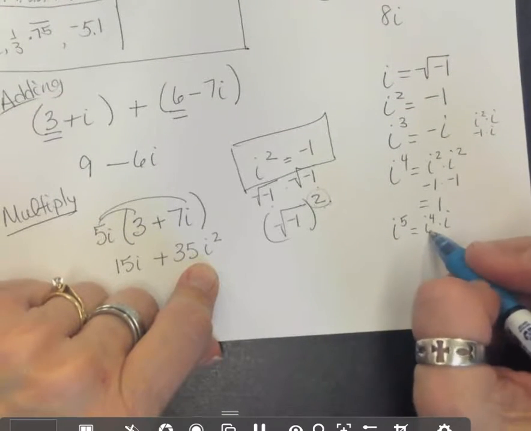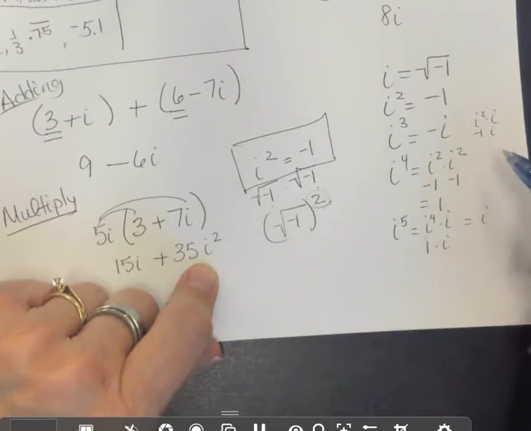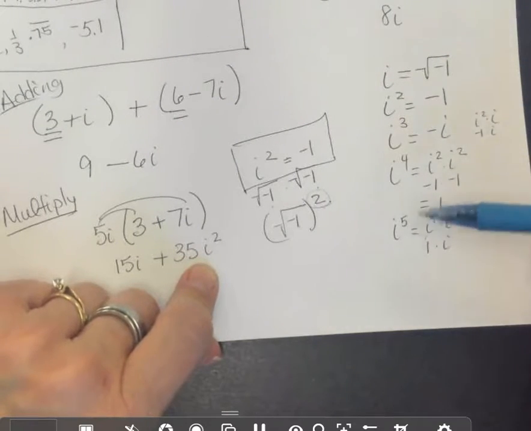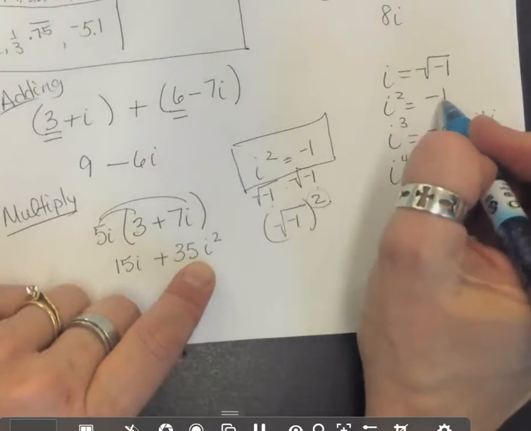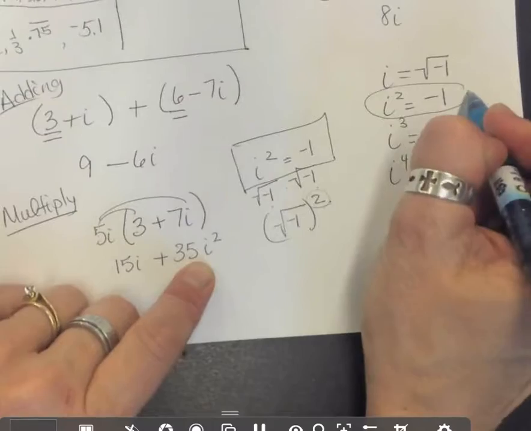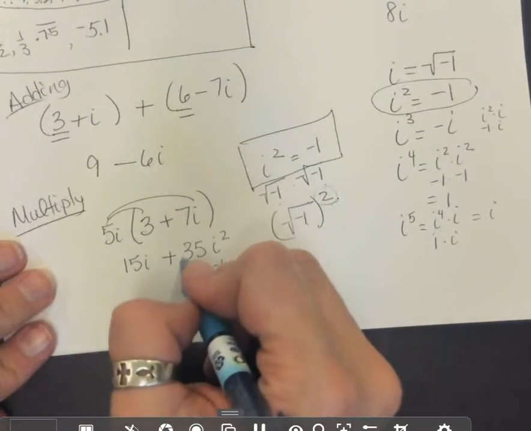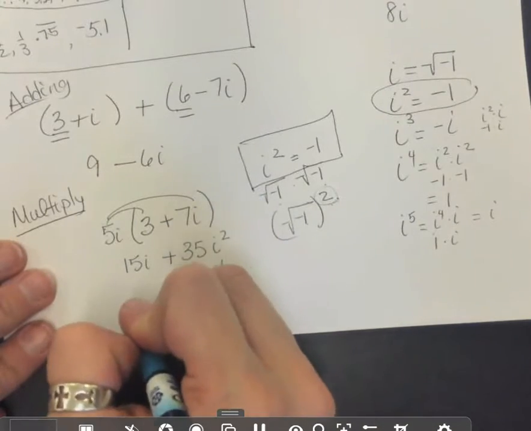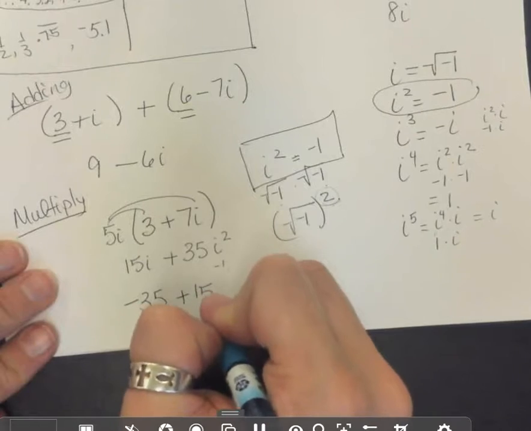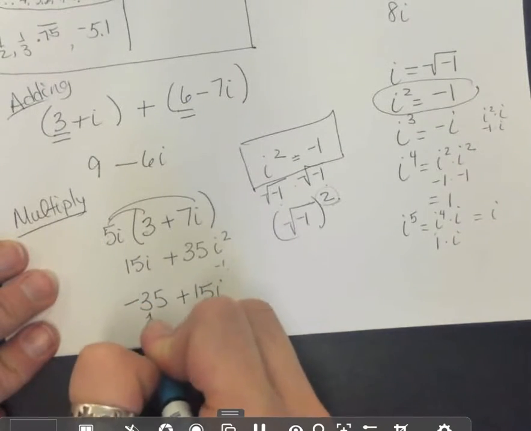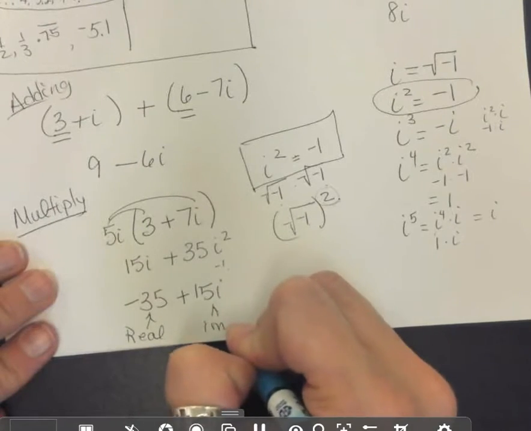Well, i to the 4th is 1 times i, so i to the 5th is i. And you're kind of cycling back around, and that'll just keep going. So i squared, we found out here, is equal to negative 1. So I would have 35 times negative 1 is negative 35 plus 15i. We always put the real part first and the imaginary part second.